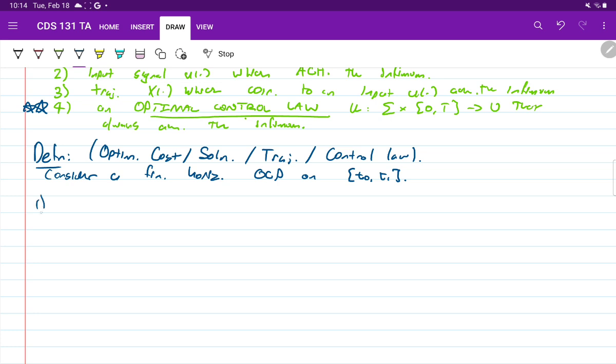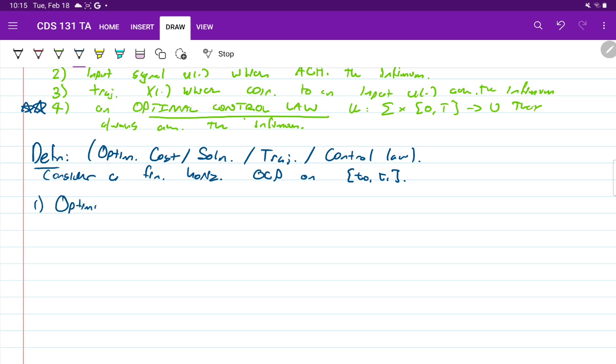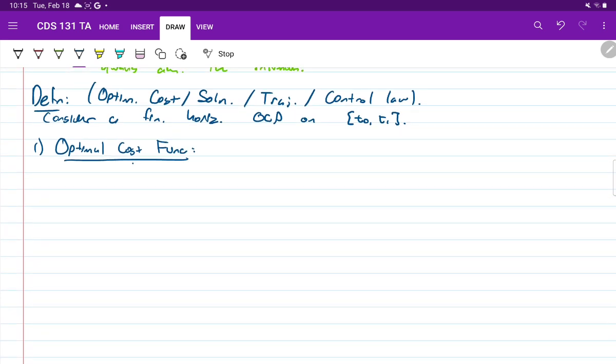Okay, so first let's define something called the optimal cost function, right? So, the optimal cost function is going to be a map from my state space to the reals, including infinity, that just returns the optimal value of the infimum given any initial condition.